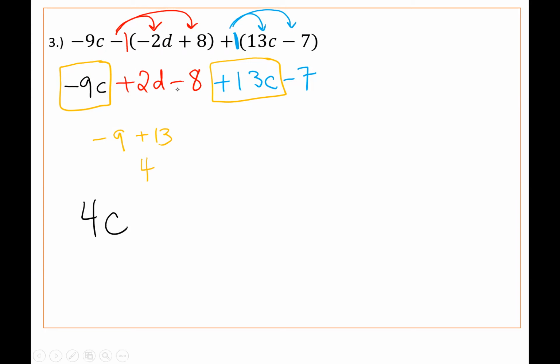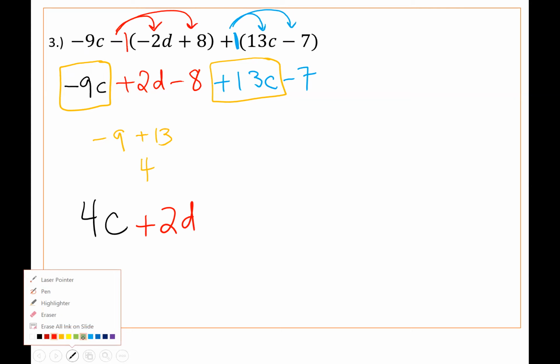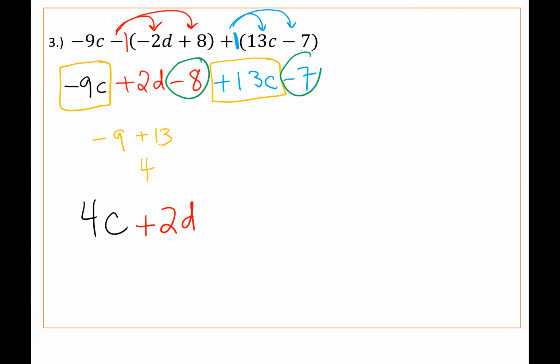All right, next term that I notice is this plus 2d. But there's no other terms that have that letter d. So I just get to bring that straight down, plus 2d, which leaves us with the constant terms. So we have this -8 and -7. That's the same thing as -8 plus -7.